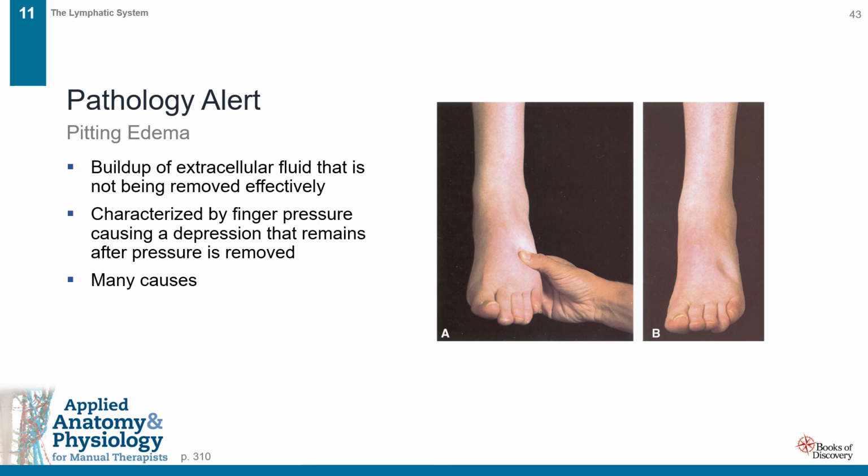There are many causes of pitting edema, including immobilization of an area after injury, deep vein thrombosis, and serious lymphatic, kidney, liver, or heart dysfunction. In each of these cases, pitting edema is simply a sign of inefficient fluid return. The underlying cause of pitting edema must be determined before treatment of any kind is attempted.